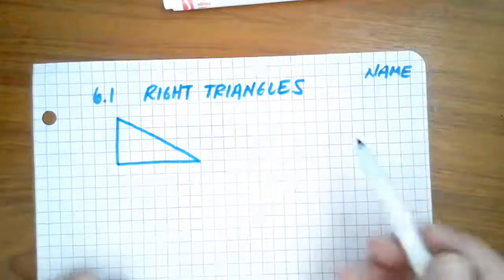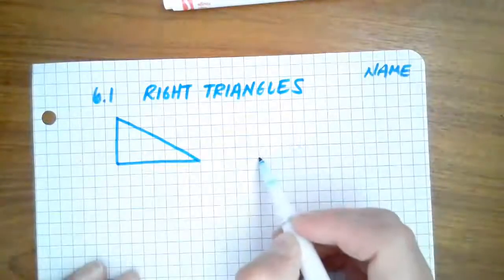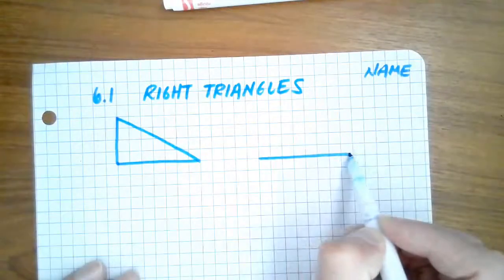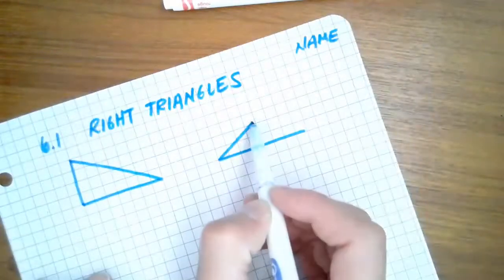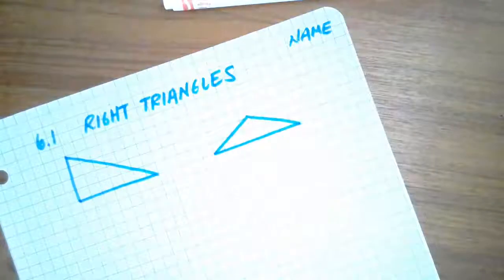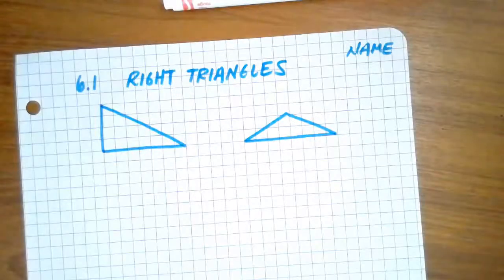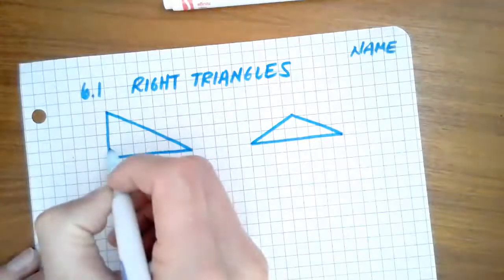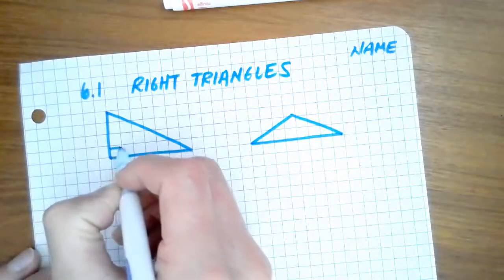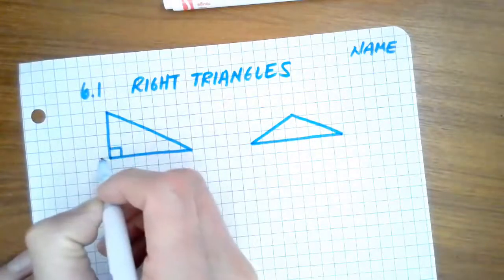The second triangle I want you to draw, draw a line, and then let's make it kind of like this shape right here. This triangle on the left, these two sides, they form a right angle.